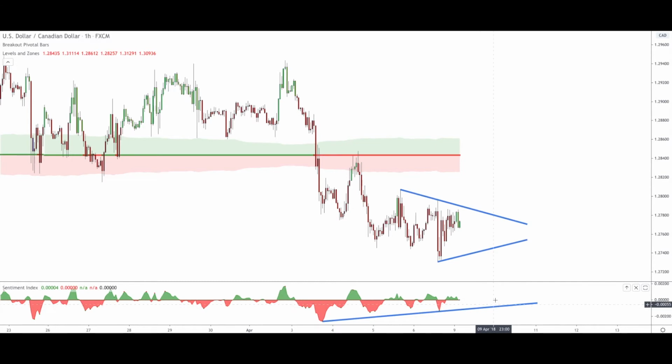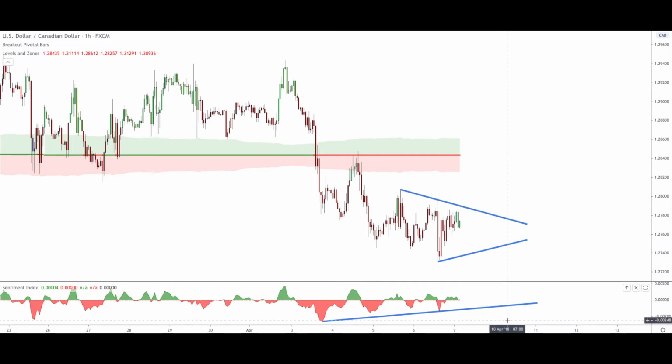So at a certain point in the coming candles, maybe today or maybe tomorrow, we can have two different situations. Either the price will drop down, so we have a breakdown here, and hopefully it's going to be on a red candle, so it's a valid breakdown, and at the same time the sentiment index breaks down, because right now it's getting compressed, so at a certain point it must break.